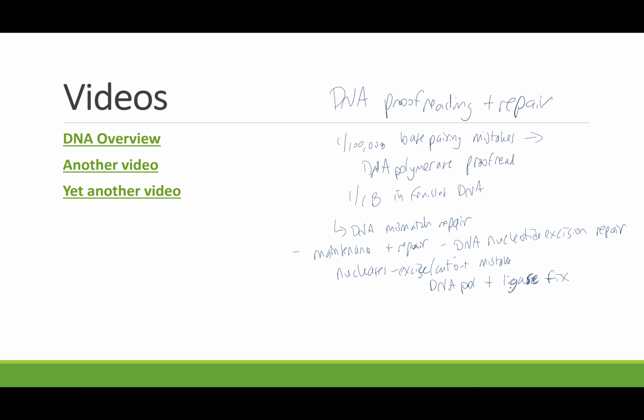Is it perfect? No. Okay, mutations do still happen and do persist to the next generation. We'll talk some about those in the next chapter. And mistakes do happen and people get cancer and things like that because of those mistakes. So it's not a perfect system, but if these systems are not in place, it's problematic. So some people who are more prone to certain kinds of cancer, it's some kind of mistake that's occurred in the system that's supposed to be proofread.